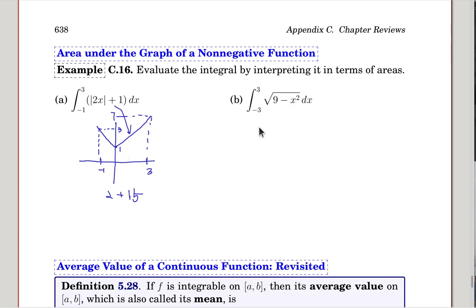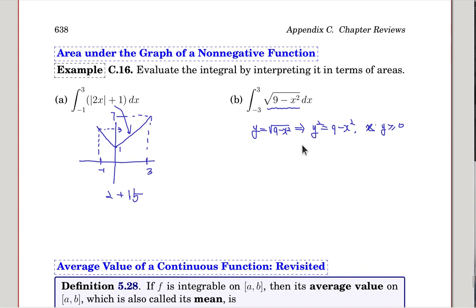For this one, if we try to make the graph, y equals square root of 9 minus x squared. If we square that, then y squared equals 9 minus x squared. Of course, y must be larger than or equal to 0.